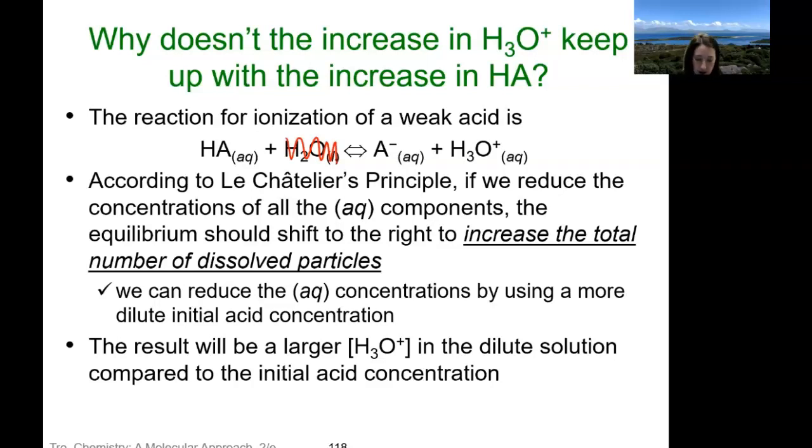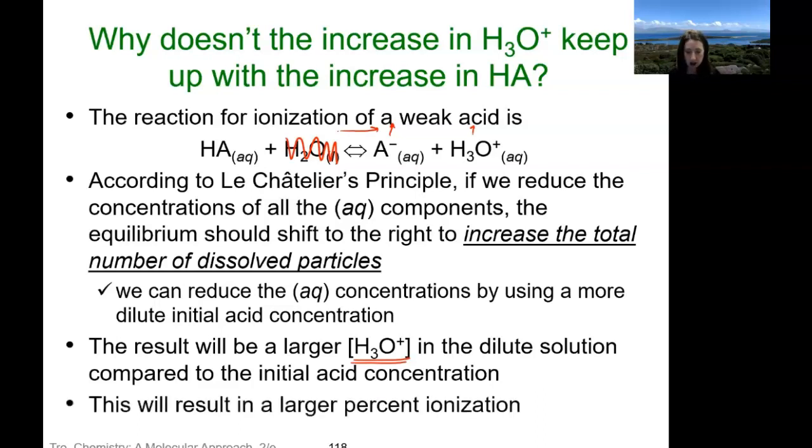If you decrease the concentration, so you make them all dilute, then it should shift towards the right, because it's going to try and keep the same number of particles, just like when we talked about Le Chatelier's. But if you do this, then we'll end up with a larger H3O plus in the dilute solution compared to the initial solution, which will actually give us a larger percent ionization, right?